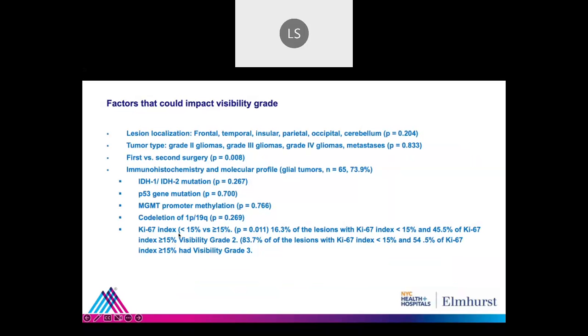We based this cutoff of more or less than 15% on a prior literature study that also found that the ones with a lower index were better visualized because they were less aggressive. And we actually had similar results: the ones with a lower Ki67 index had a better visibility grade than the ones with a higher index.